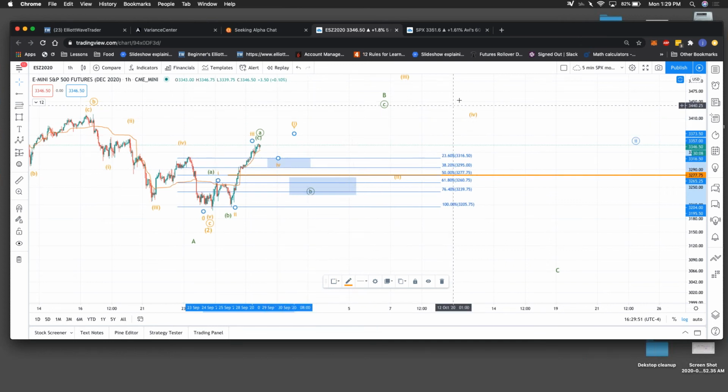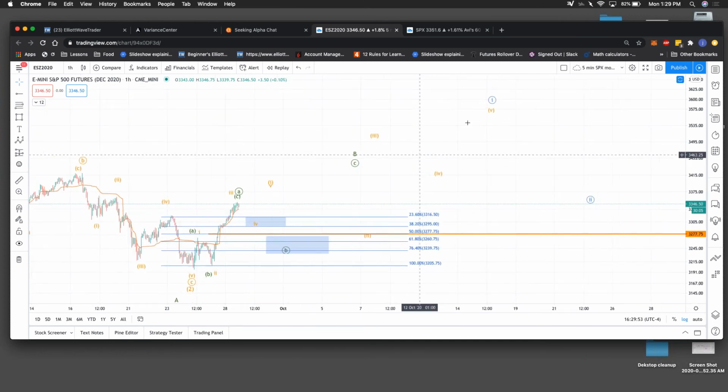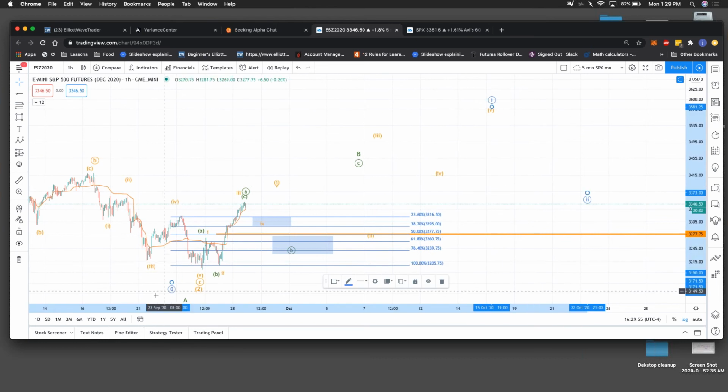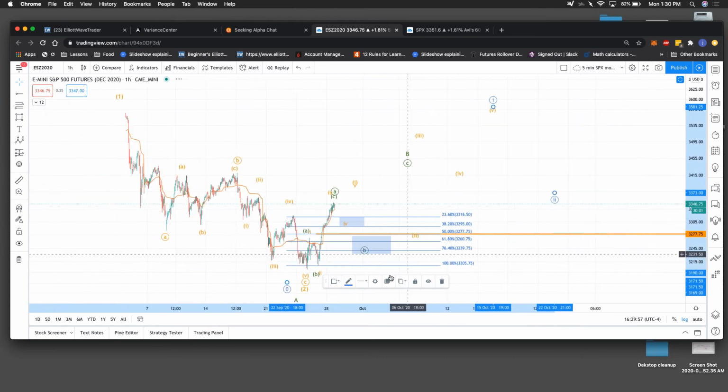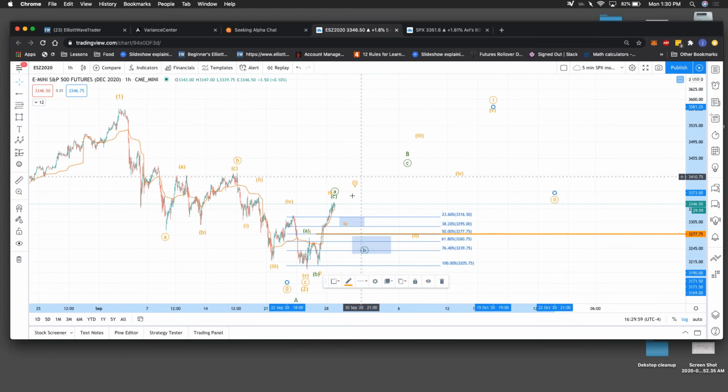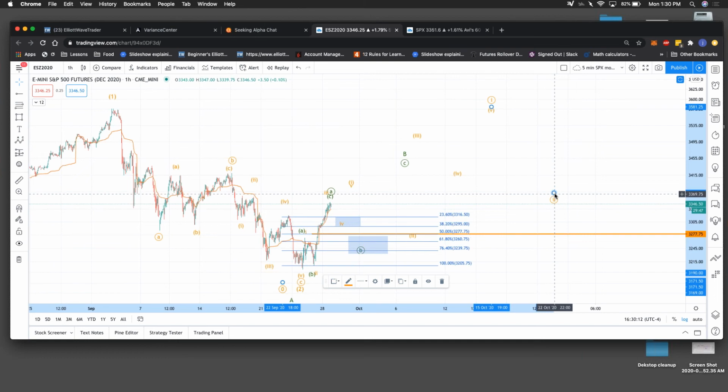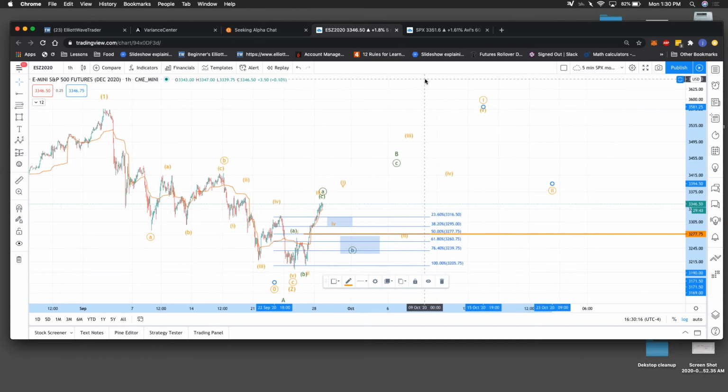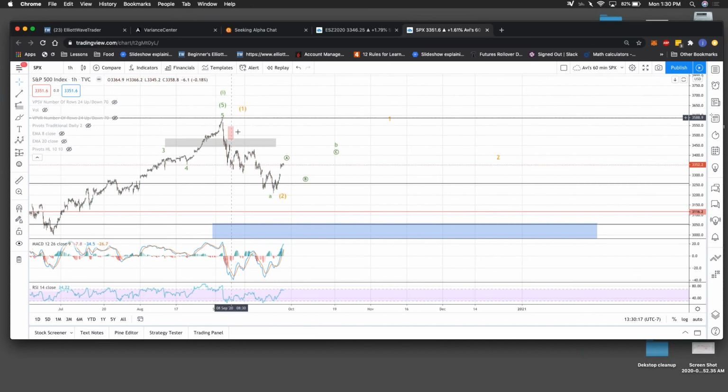That's going to favor more so the orange count, but ultimately the strong favoring of the orange count will occur with first getting this 5 up and then pulling back correctively, and then getting a larger degree 5 up back up to the all-time high for another wave 1. After a corrective consolidation in the subsequent wave 2, price should really take off to the upside at that point, like shown.